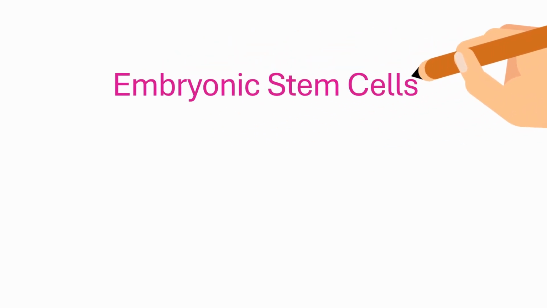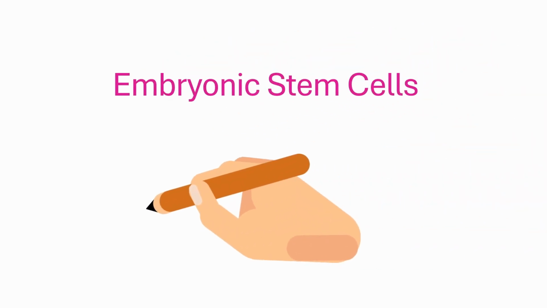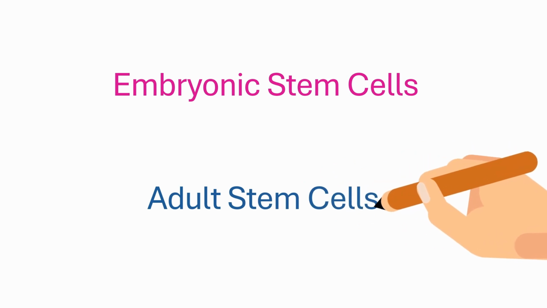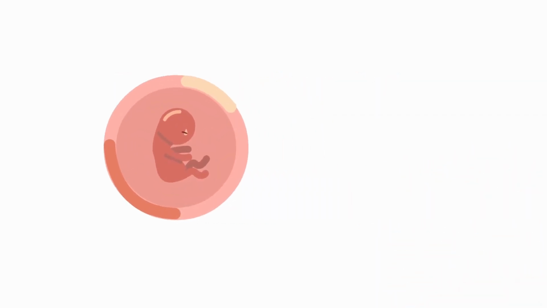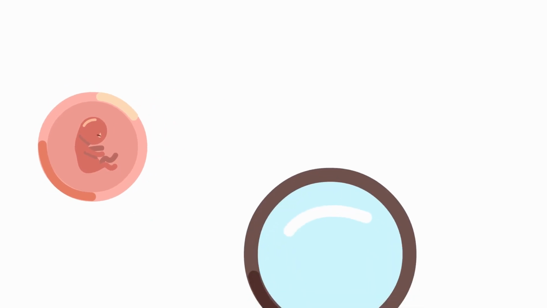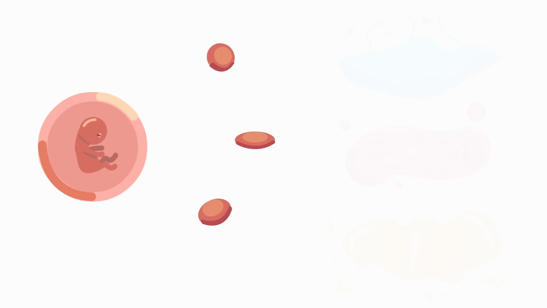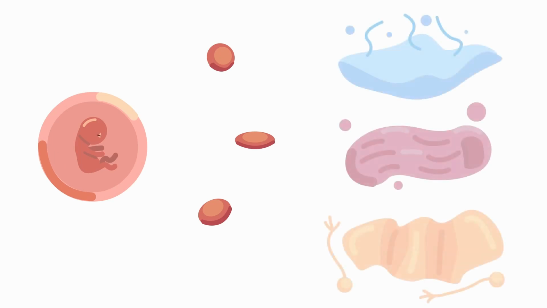Now that we know the basics, let's take a look at the difference between embryonic stem cells and adult stem cells. Embryonic stem cells are found during the development of the embryo. These stem cells have not been exposed to many differentiating factors yet, and so they are very undifferentiated.